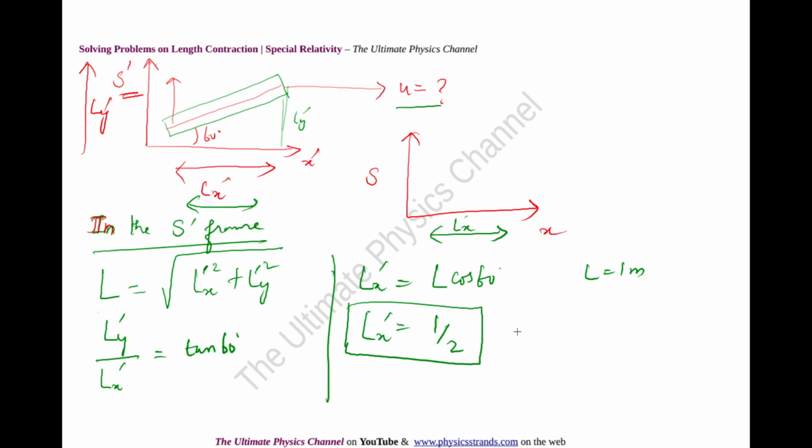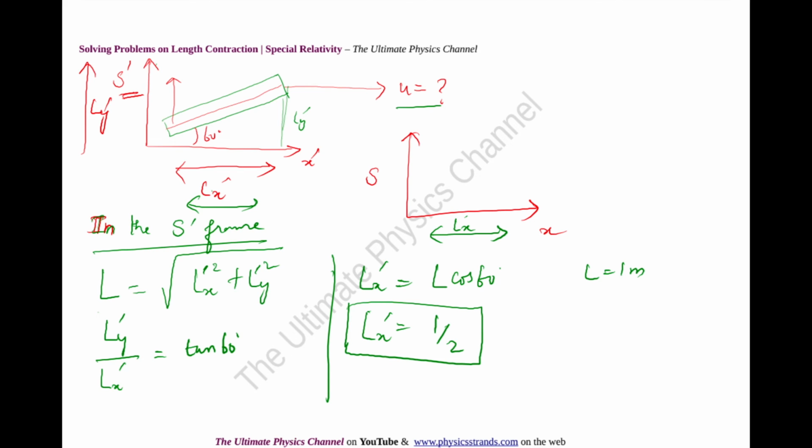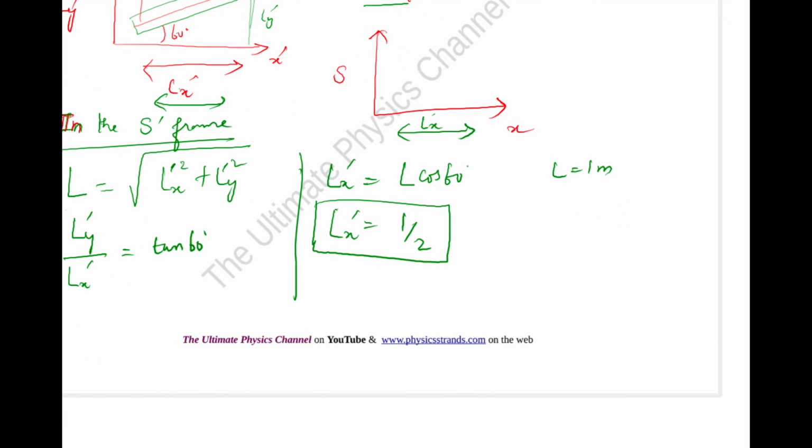So for an observer in a frame moving parallel to the S prime, that is for an observer in S moving at relative velocity u, this length Lx is going to be a contracted length of Lx prime.